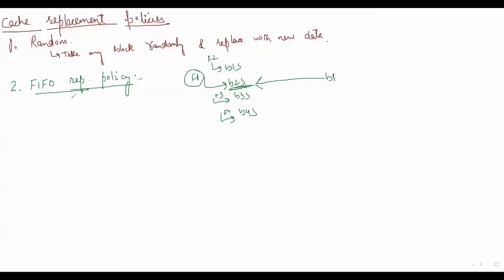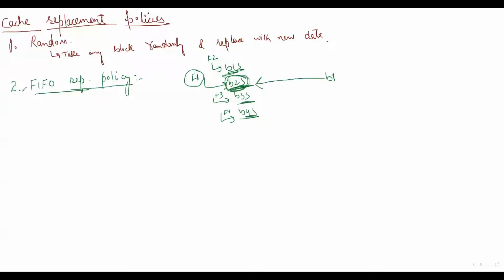However, this policy also has a disadvantage. So what is the disadvantage? Let's suppose the first one that came was this, then this one, then this one, and then this one. Let's say my processor is repeatedly using this particular block, this B2 block. Since my processor is repeatedly using it, I should have a policy such that this particular block will most of the time remain in the cache.